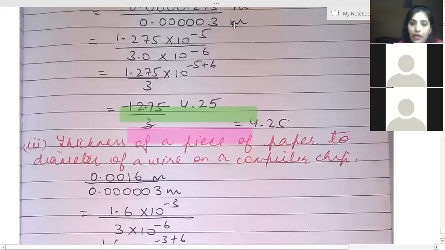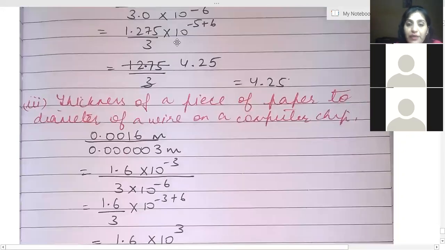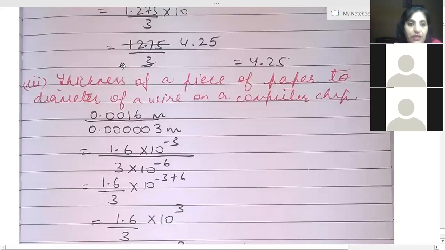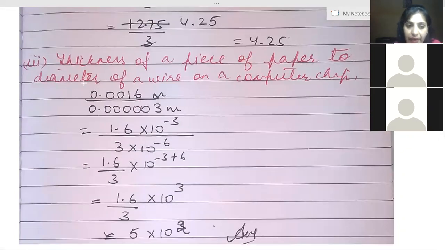Now the next. Thickness of a piece of paper to the diameter of a wire on a computer chip. This again you have to do, just give it a try. 0.0016 meter, okay beta, over 0.000003 meters. Yes? Can you do that? Give it a try.